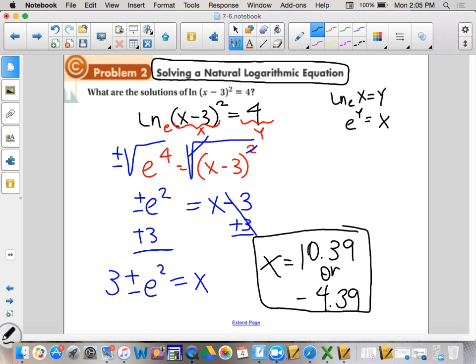Now make sure you put your number in before you put your e in, okay? So if it was 6 right here, it would be 6 plus e squared. You have to put that number in before you put the e in, because if you do it the other way, you're not going to get the right answer. You need to make sure you can put this in your calculator now and get the right answers, okay?